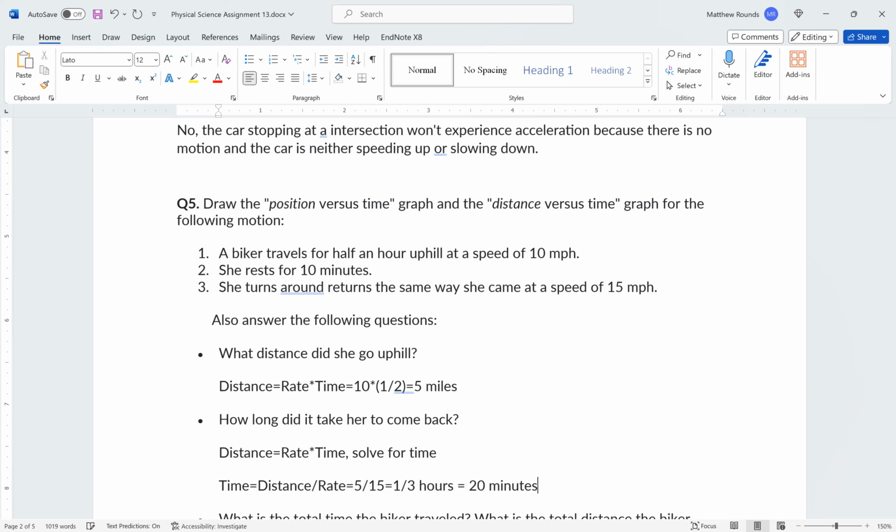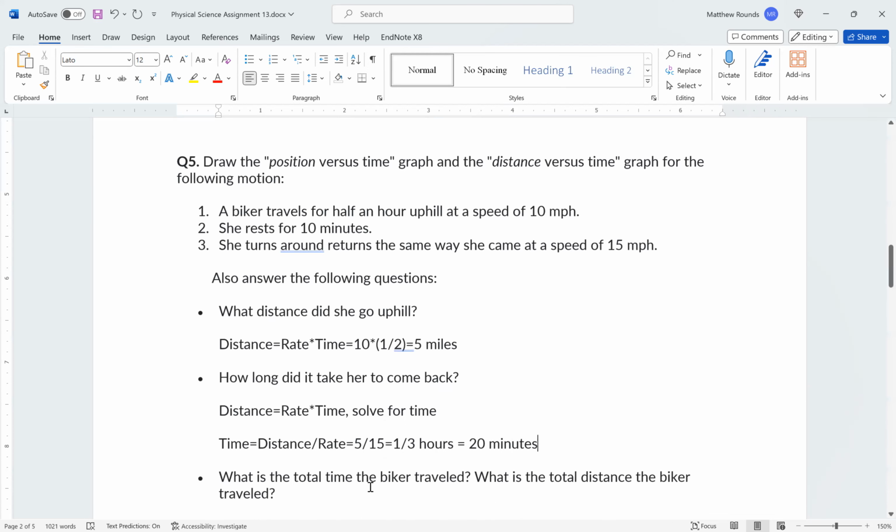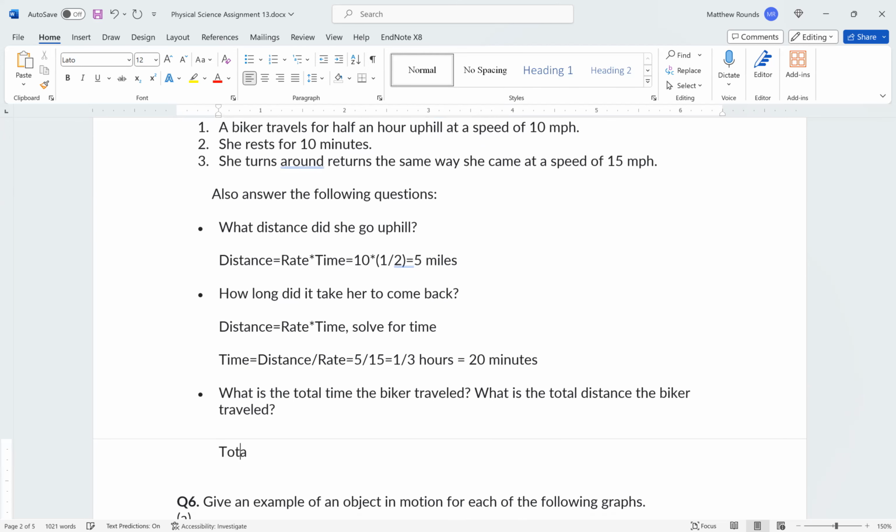All right. So what is the total time traveled? The total time is the time up plus the time down. How much time did she take to go up and down, in minutes? It's 20 minutes for the way down and 30 minutes on the way up, so 50 minutes.